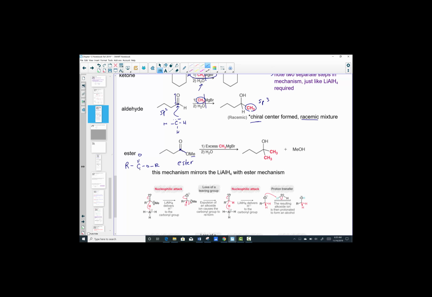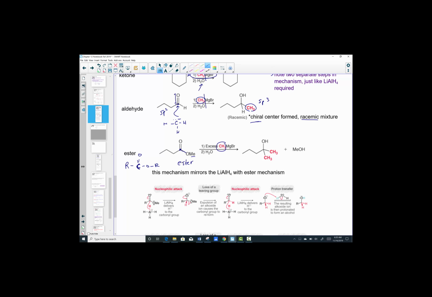The ester has a carbonyl carbon and attached to another oxygen leading out to an alkyl group. Again, this particular reagent here has just a methyl group, but it doesn't have to be. It can be any number of carbons associated with that Grignard reagent.